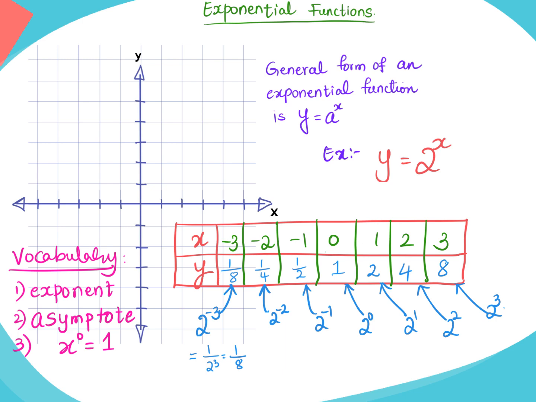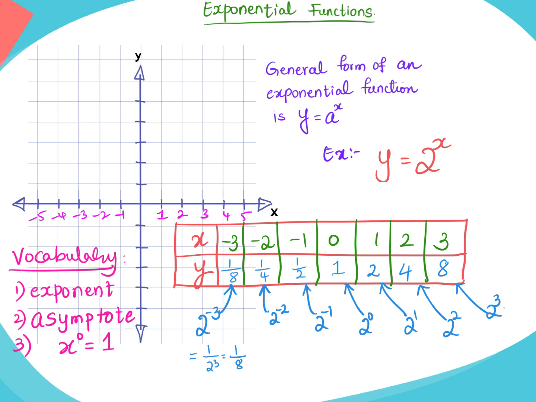I'm going to do a bit of marking here. x is 1, 2, 3, 4, 5, and -1, -2, -3, -4, -5.